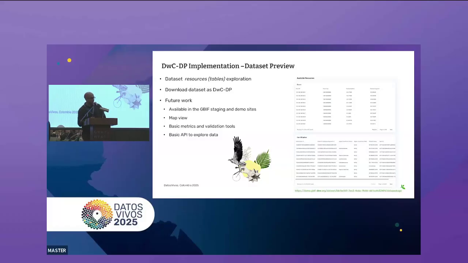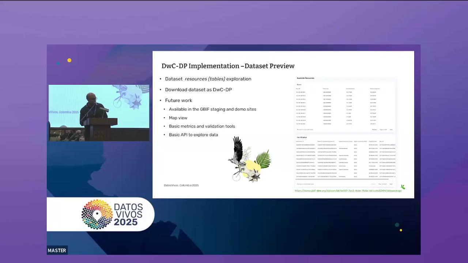What is the future work for this? We would like to implement a download format that's a Darwin Core data package. We would like to make this work available also in the demo site, the test site. In cases when coordinates are provided in any of those tables, we would like to provide a map view of that data.